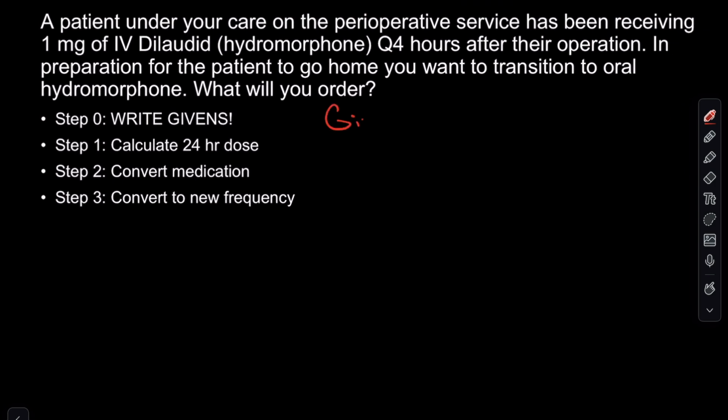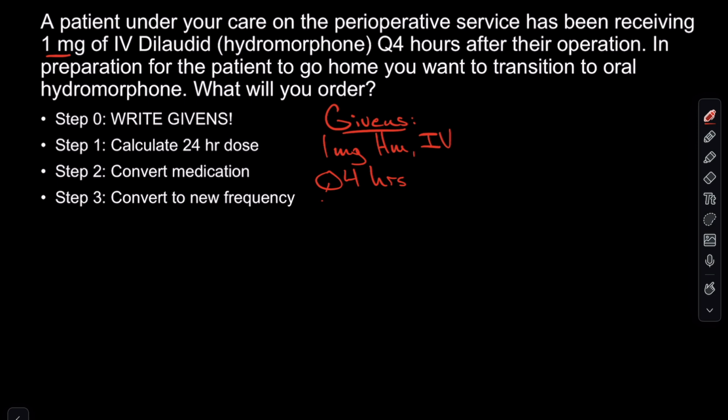The first step that's very important to me is you always write out your givens when you're solving any problem like this. So we have a patient who has been receiving 1 milligram of hydromorphone IV every 4 hours, and they want to transition to oral hydromorphone.